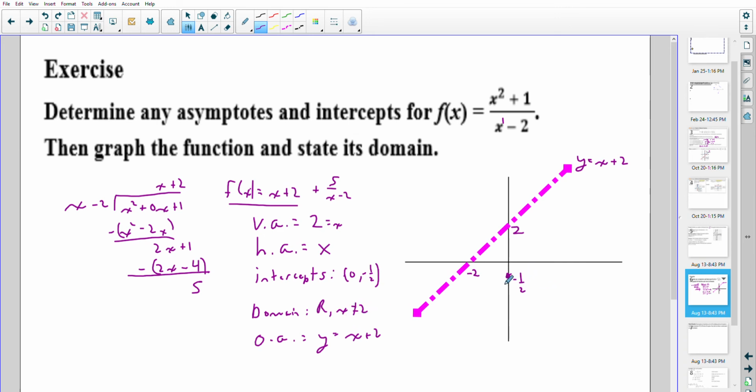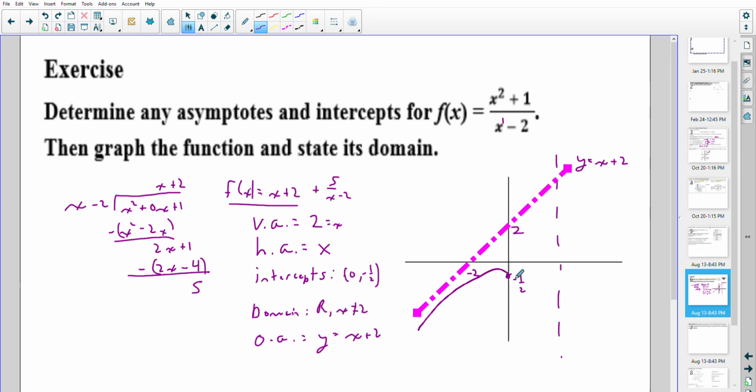Now, when you graph this, you know that the graph has got to go through this point right here. And you also know that the vertical asymptote is where x is equal to 2, which means that you are going to have some sort of a vertical asymptote out here. Meaning you're going to have the graph eventually approach these two lines as you graph it.